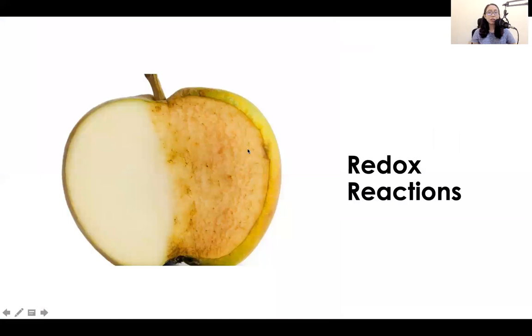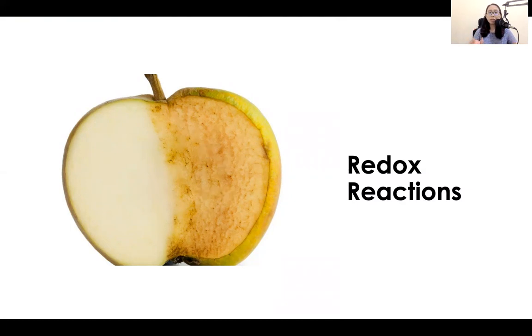Have you ever noticed the browning of the flesh of your apple? Once you peel the skin away, exposing the flesh, and leave it on the counter, after some time you will notice that it has this brown color. From the white to the brown color.